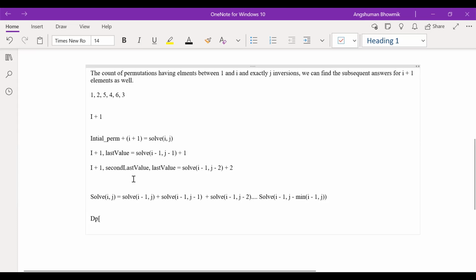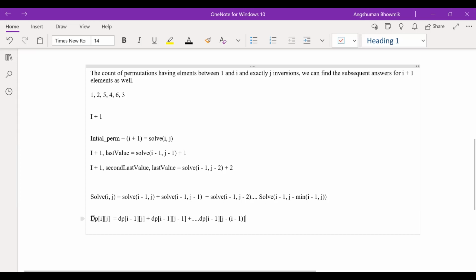DP of I, which denotes elements from 1 to I, and j denotes exactly j inversions, will be equal to dp of I minus 1 j, plus dp of I minus 1 j minus 1, plus, so on, up to dp of I minus 1 and j minus I minus 1, if I minus 1 is less than or equal to j.